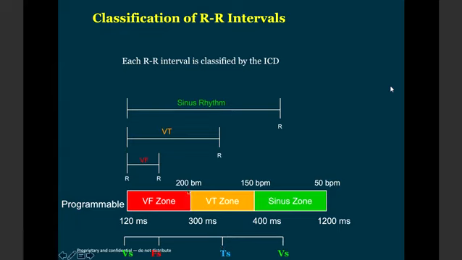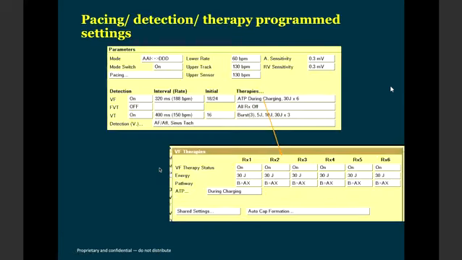So this is basically the way the ICD functions. There is a VF zone, there is a VT zone, and there is a sinus rhythm zone. If you see carefully, how the device classifies a sinus detection or a tachy detection or a fibrillation detection is by the RR interval, which has been programmed to the device.